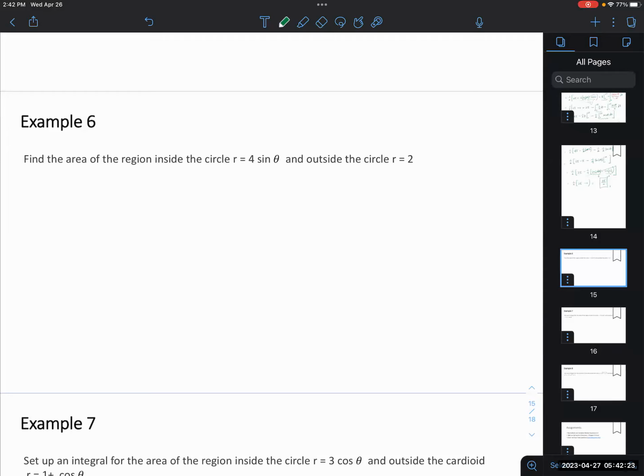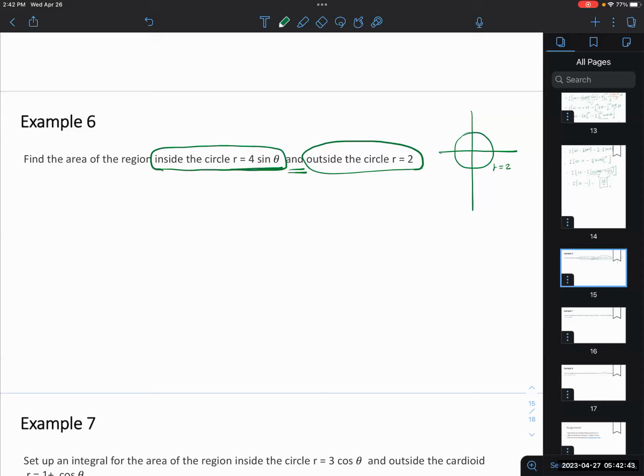Okay, so read that question. Find the area of the region inside the circle r equal to 4 times sine theta, and outside of this circle when the radius is 2. So when you draw that, the radius is 2 outside, and when r is 4 sine theta, it's going to be larger.